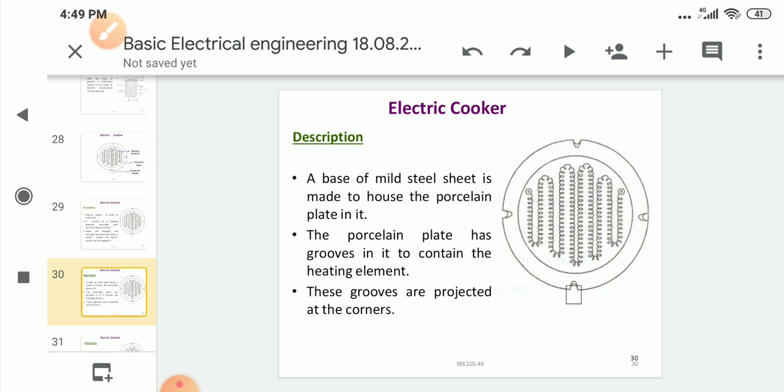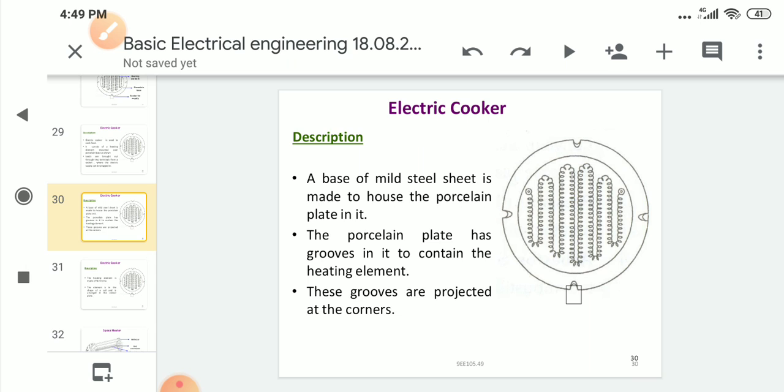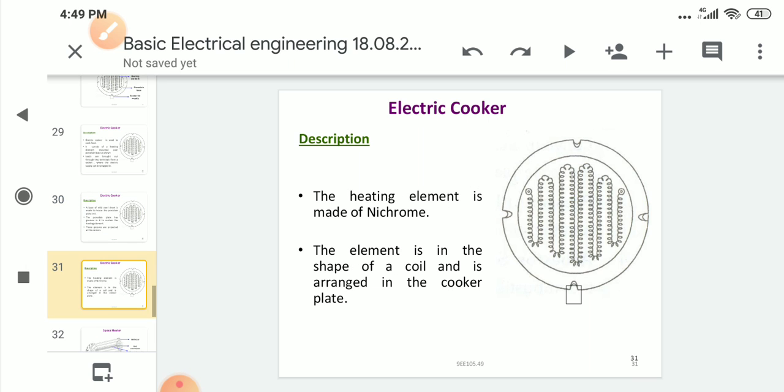The grooves are projected at this corner. Here our heating element is nichrome. So overall, the electric cooker is of open type and enclosed or hot plate type.